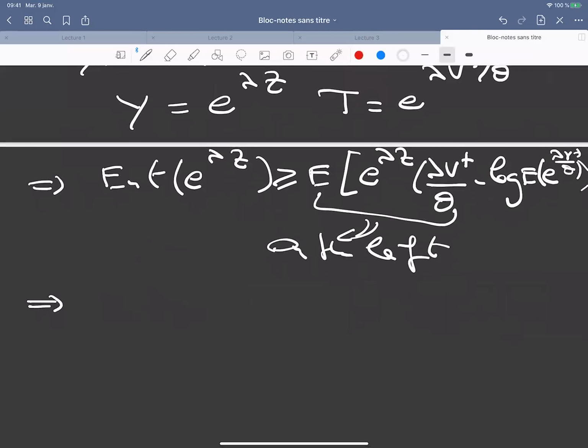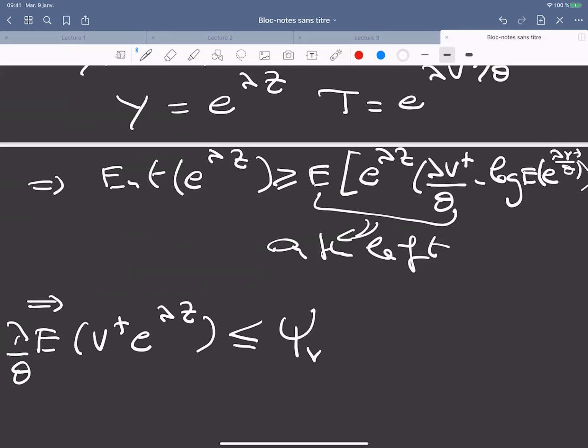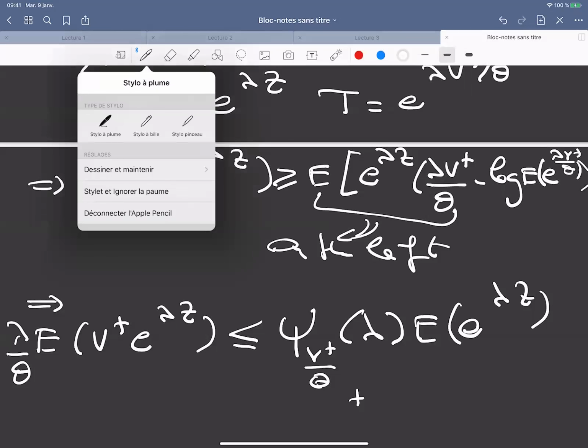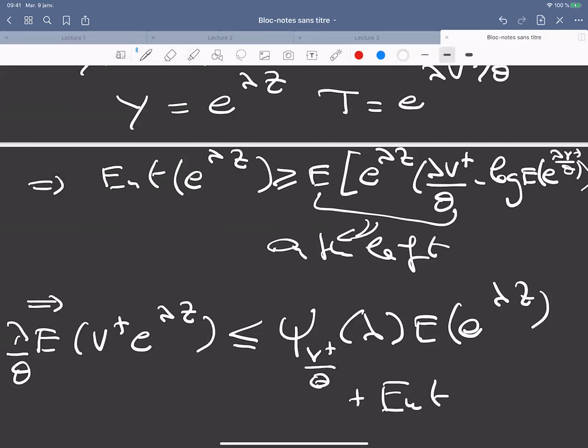So if you put this on the left-hand side, this gives you that the expectation of v plus times exponential lambda z, multiplied by lambda over theta, is less than the log of the moment generating function of v plus over theta computed at lambda, times the expectation of exponential lambda z, plus the entropy of exponential lambda z.